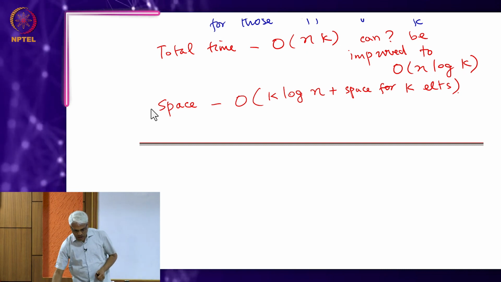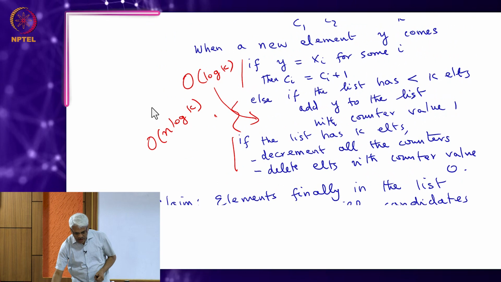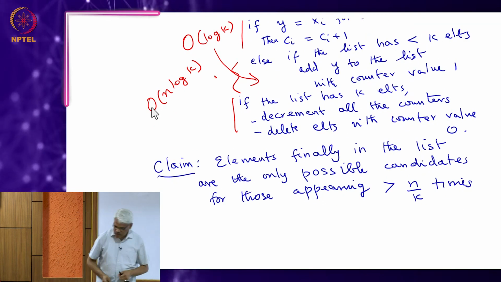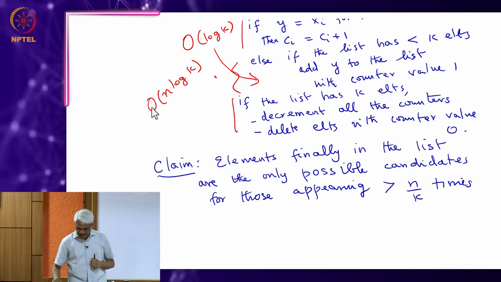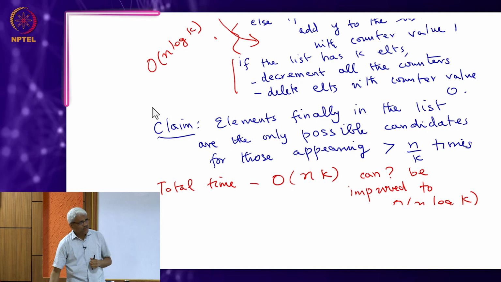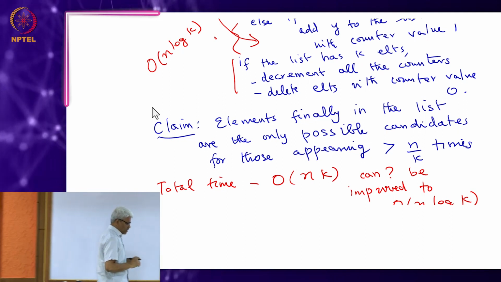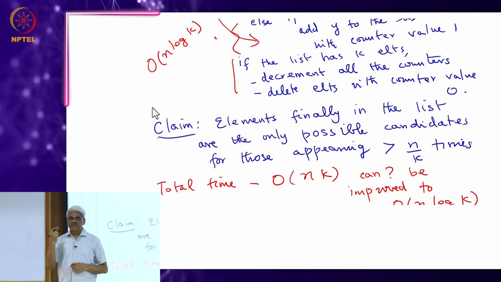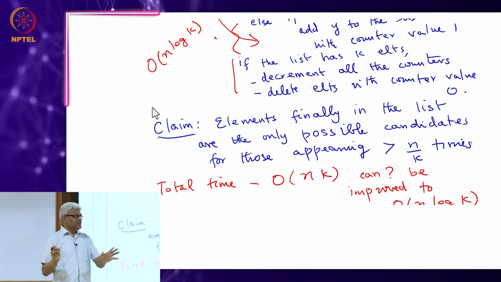So now I'm going to try and show this claim. It has a very similar flavor to how we argued in that majority algorithm that the only surviving element is the candidate, and other elements have frequency less than n by k.